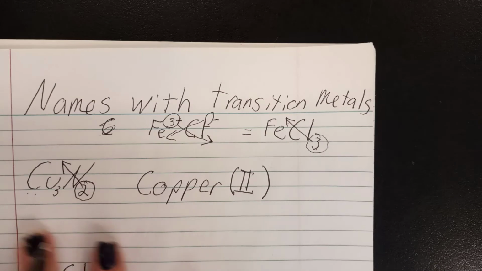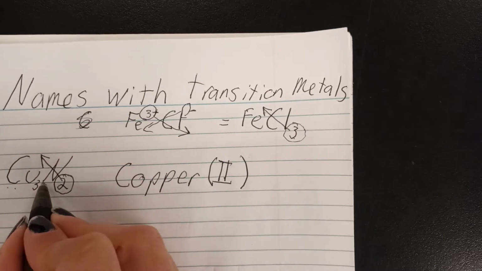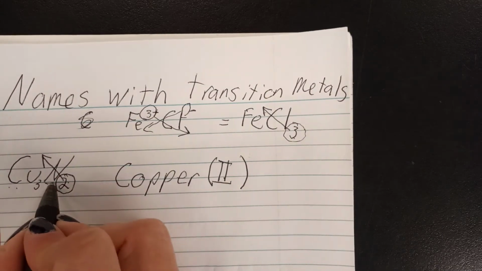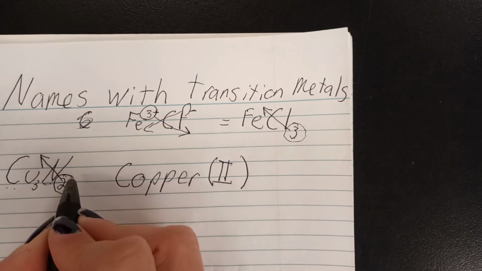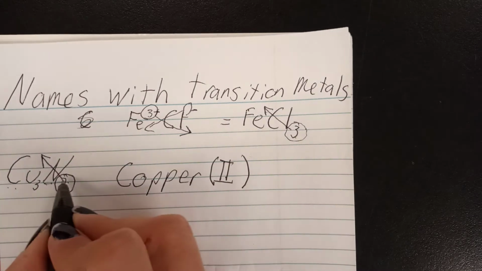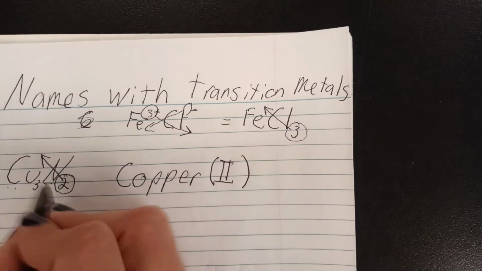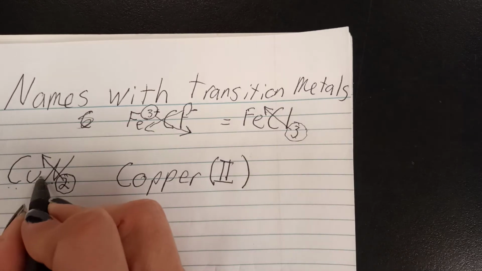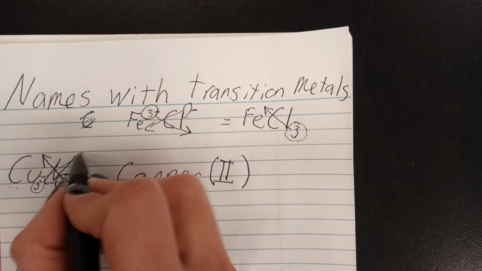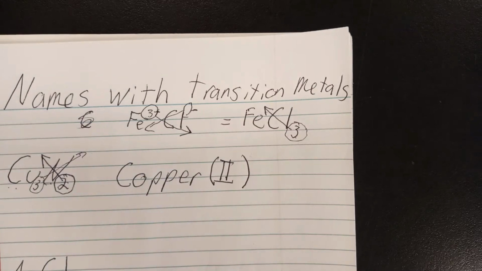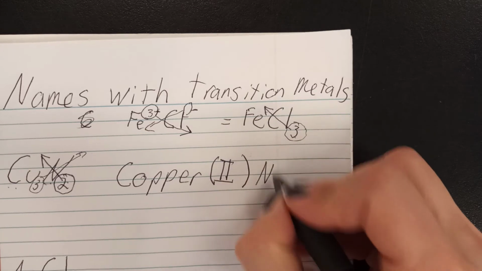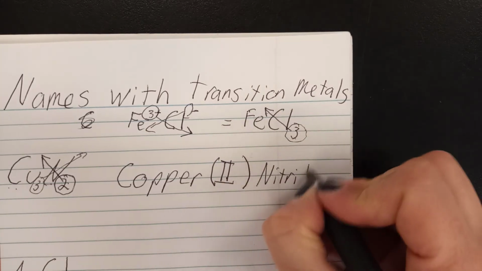Now I come over and name my anion, the N. It's an element with no extra O's after it, which means that I'm going to need to end it in IDE. If you want to check, if I bring this 3 back up here, is that the correct oxidation number for nitrogen? Yes, it is. So I would call this nitride.